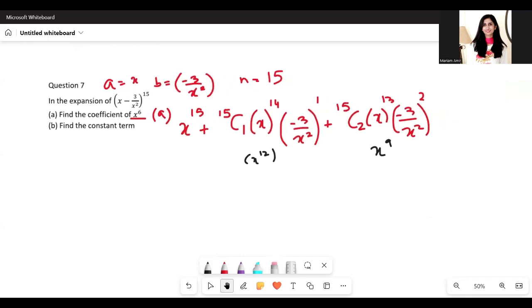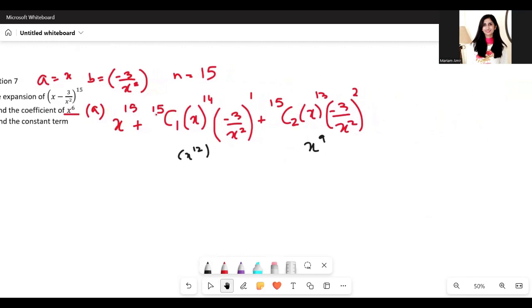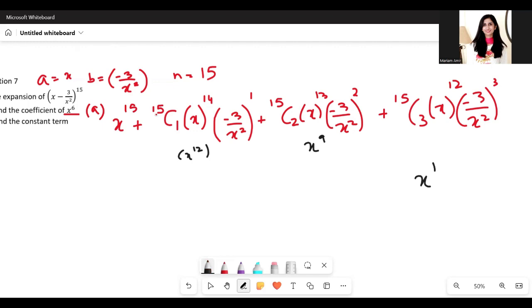So let's keep expanding. Next would be plus 15C3, x power the difference, which is 12, B, which is minus 3 over x squared, power the lower value, which is 3. And that gives us, let's check, the numerator is x power 12 and the denominator will be power 2 times power 3, which is power 6.